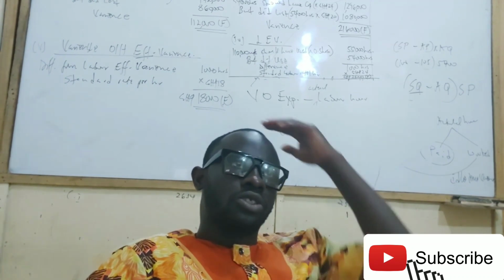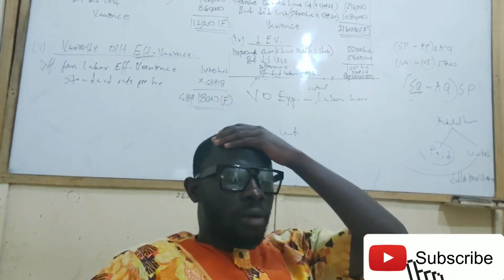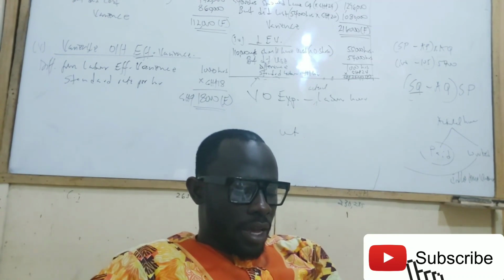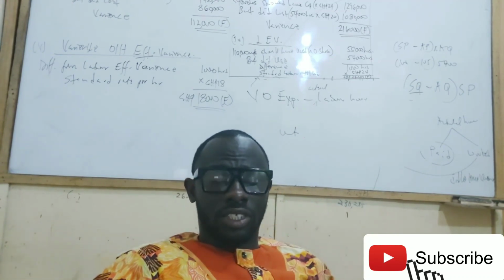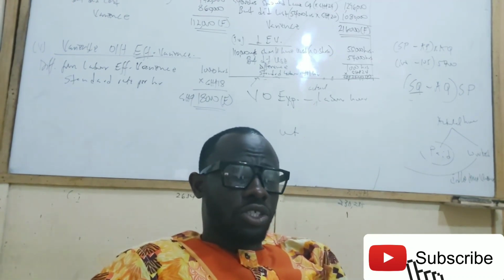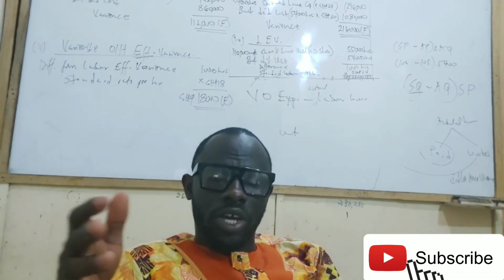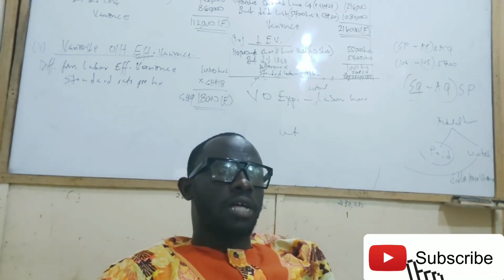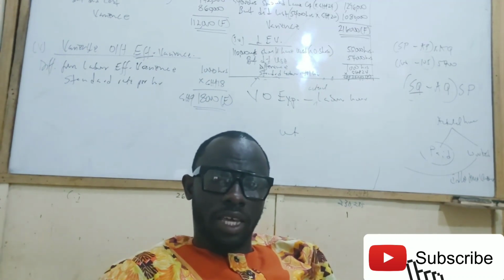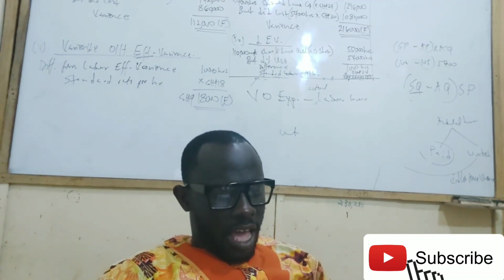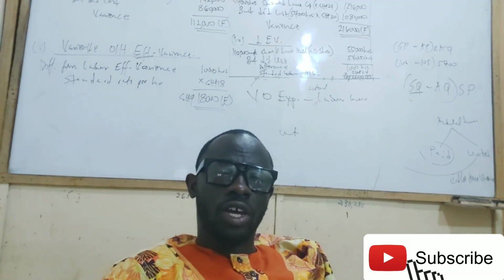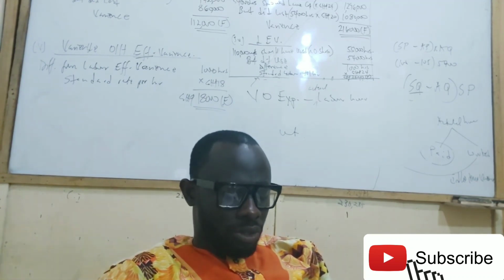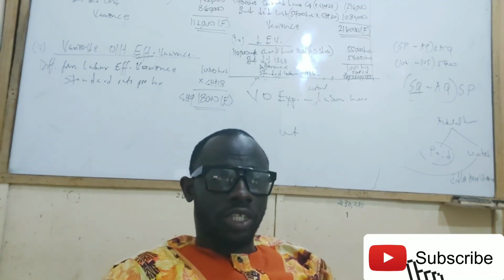Then one thing you also need to understand is looking at the finances of the company. You should be able to look at the issues in relation to the finances of the company. You realize that there are a couple of issues in relation to the capital structure of the company.